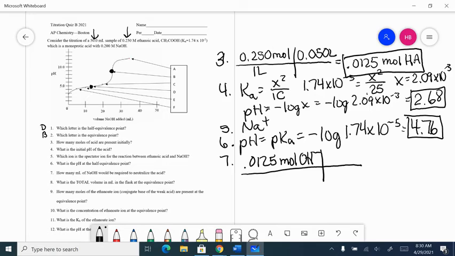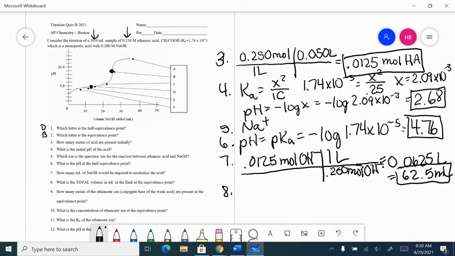So this tells us that 0.200 moles of NaOH has 0.200 moles of OH minus in 1 liter of solution. So 0.0125 divided by 0.2 gives me 0.0625 liters of solution, or 62.5 milliliters. That's the answer to number 7.